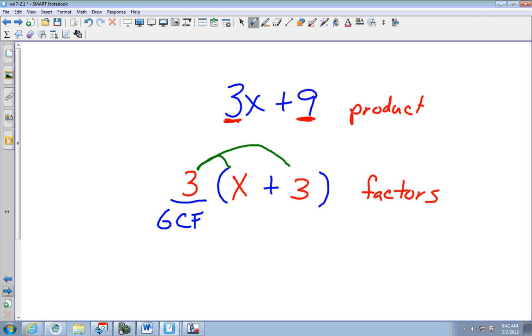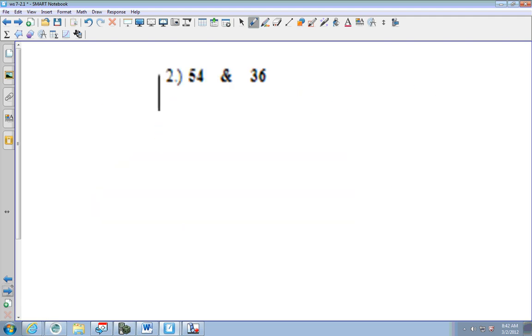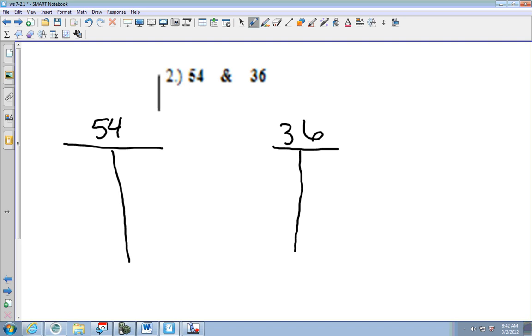Draw the T-chart. There we go. I have 54. And I have 36. 54. 1. 54 divided by 1. 54. 54 divided by 2. 54 divided by 3.